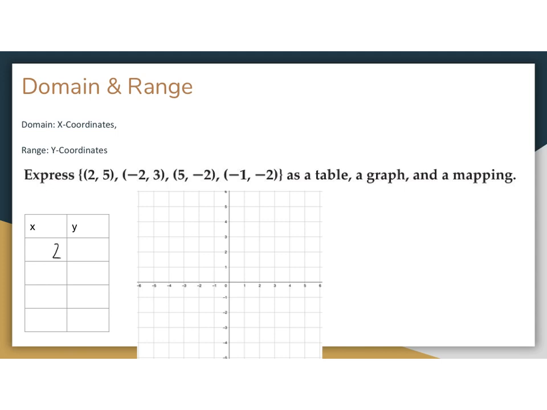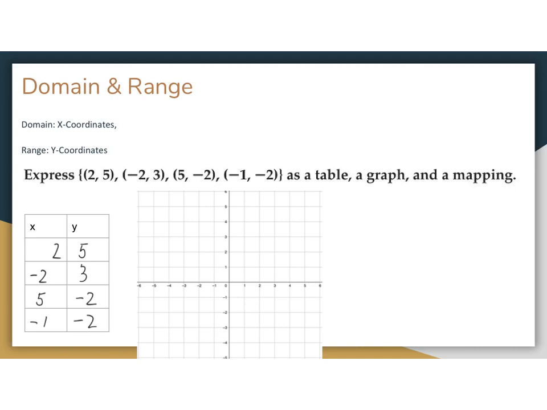And then we have 5, which goes in the y. Then -2, 3, 5, -2, -1, -2. Make sure you are pausing this video and including all of these into your notes.